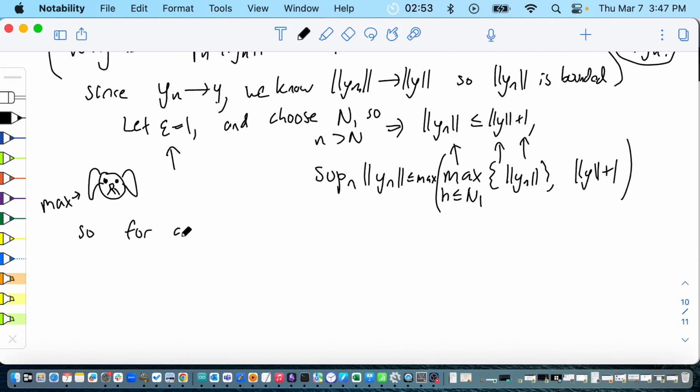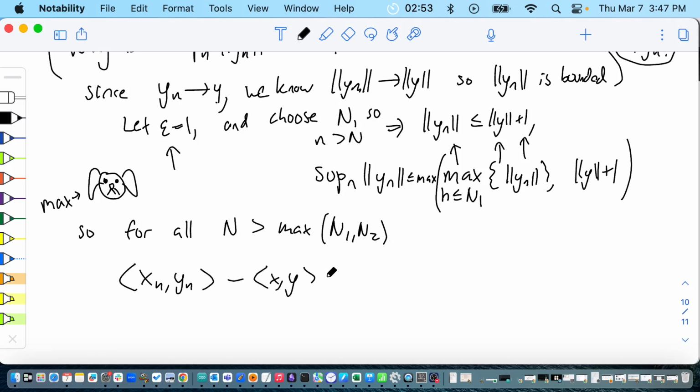So for all n greater than the maximum of n1, n2, the norm of xn yn minus xy is less than epsilon over 2 times 1 plus the, which one was first? I think this one was first.